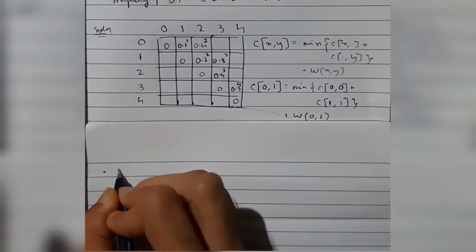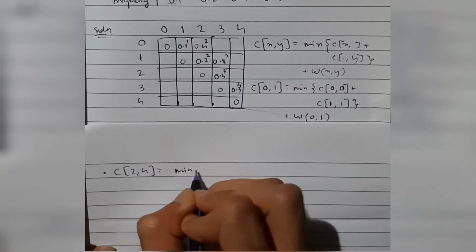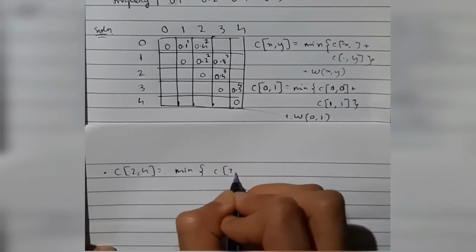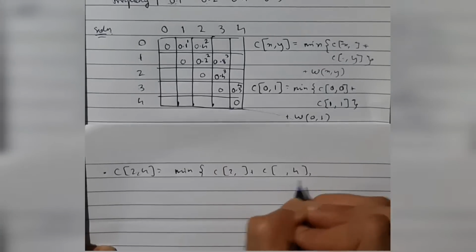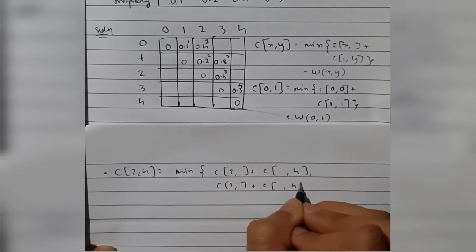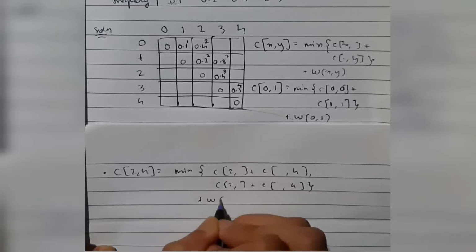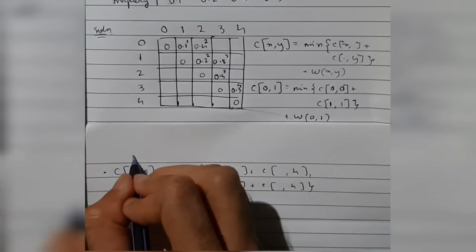Write down the formula. C of 2 comma 4 is equal to minimum among C of 2 comma something plus C of something comma 4, plus weight of 2 comma 4. Now I have two keys here, 3 and 4.